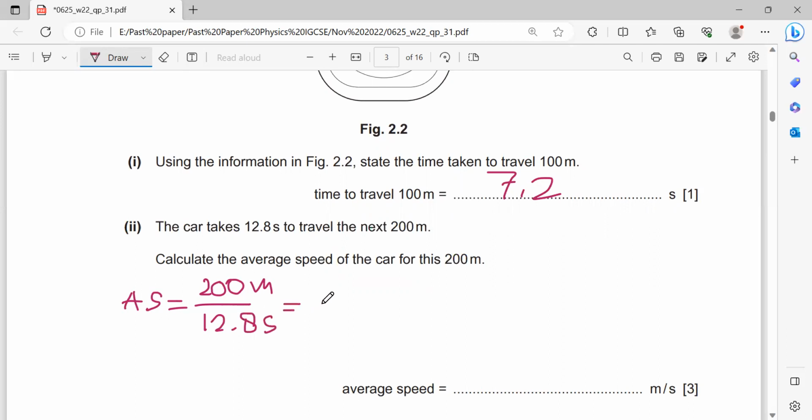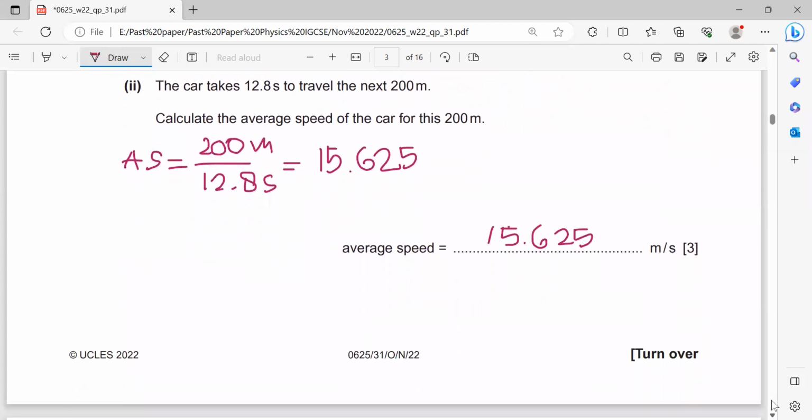So if you calculate, it's going to be 15.625. Or if you round off, you may write 16, but I will write 15.625. Okay. Next.